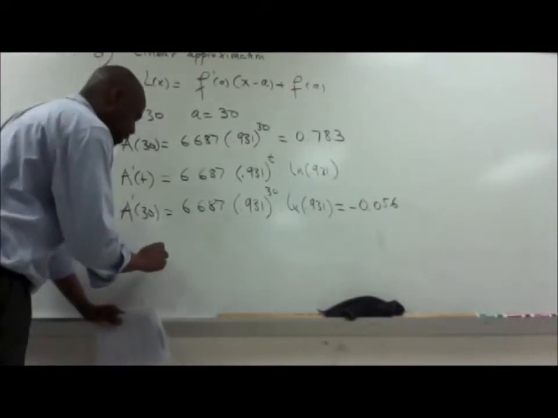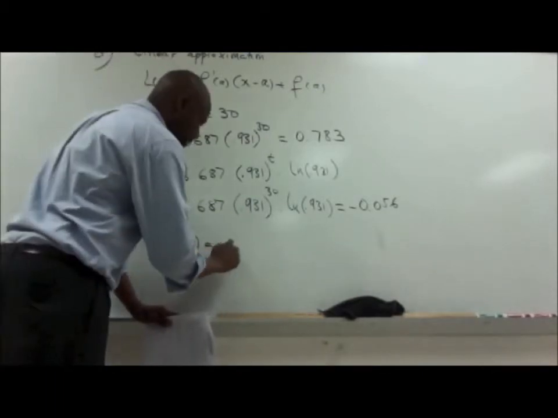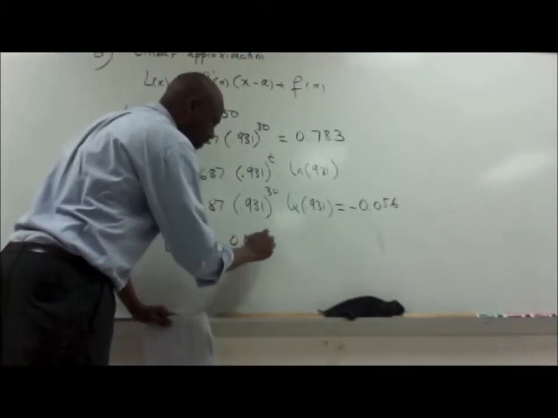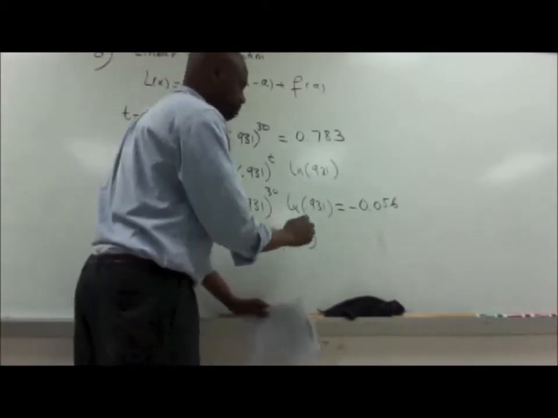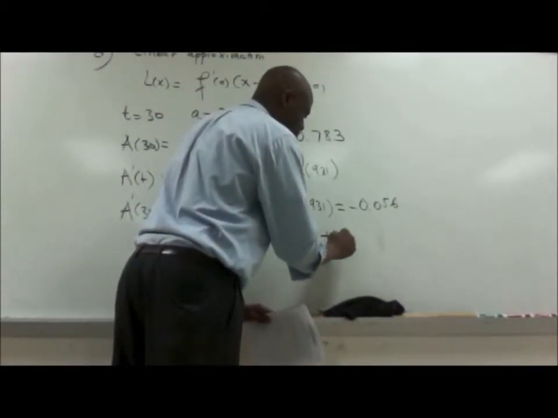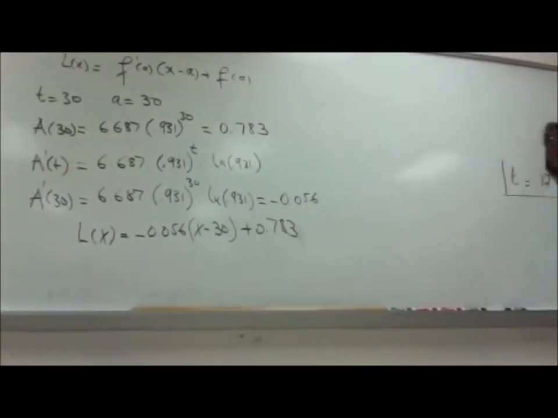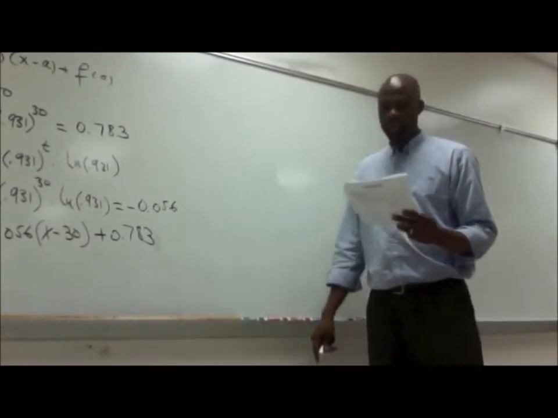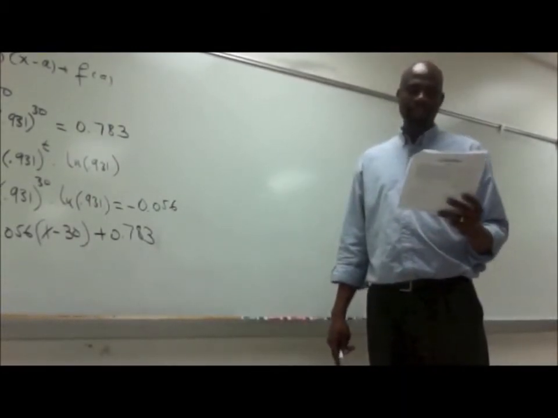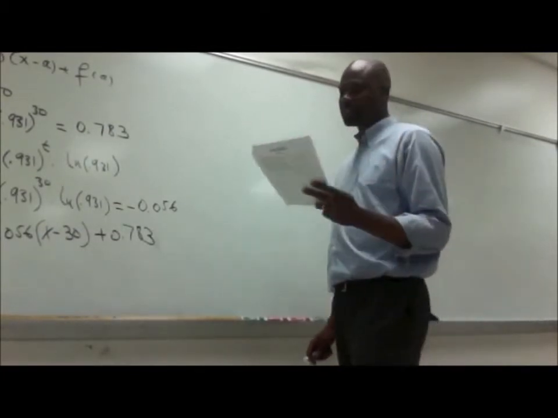So I can say L(x) is negative 0.056 times x minus 30, plus 0.783. Now the next part of the question says to use L(x) to predict the time at which there will be 0.5 pound of grass.